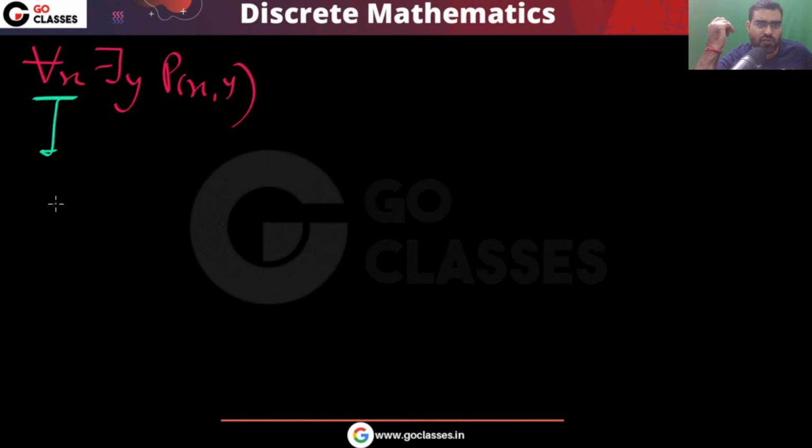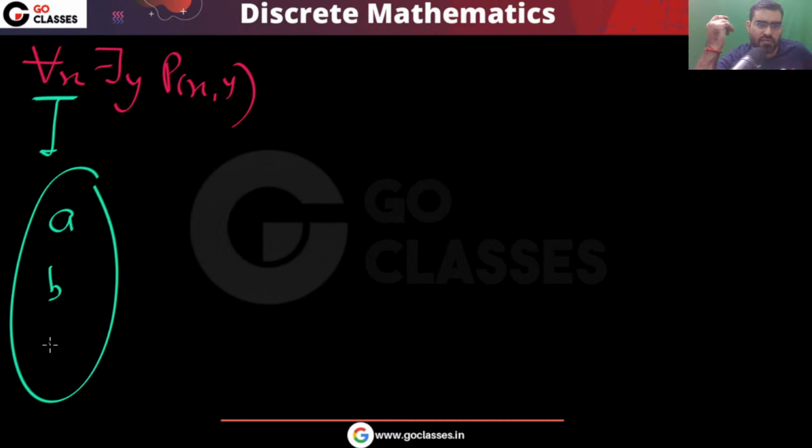Now the last one is for all x there exists y, P(x, y). What does this say? It says that for every value of x, for everyone there is someone.